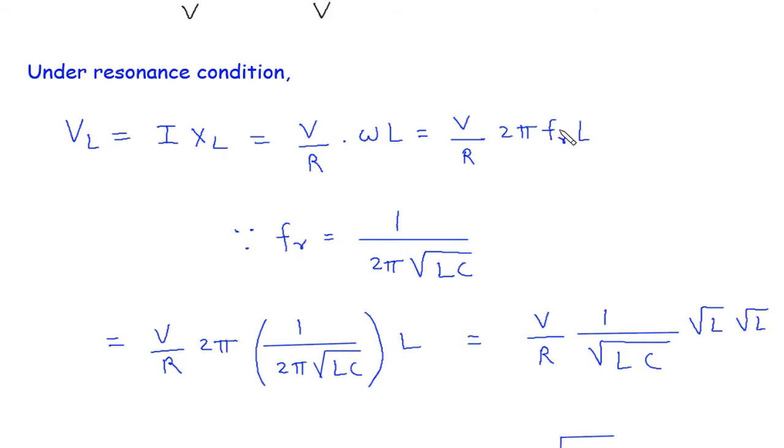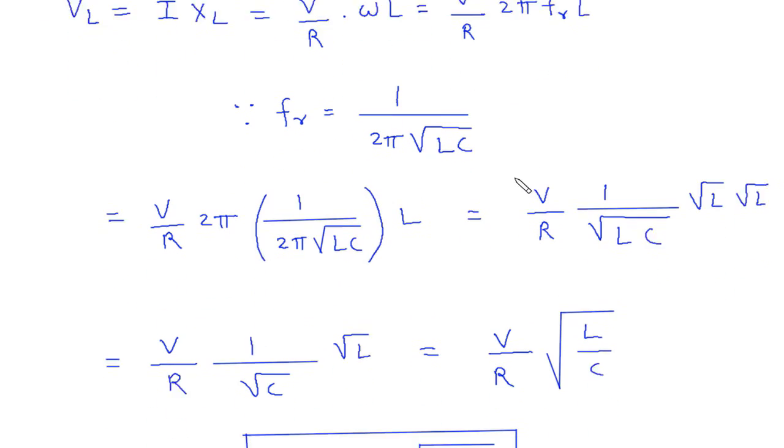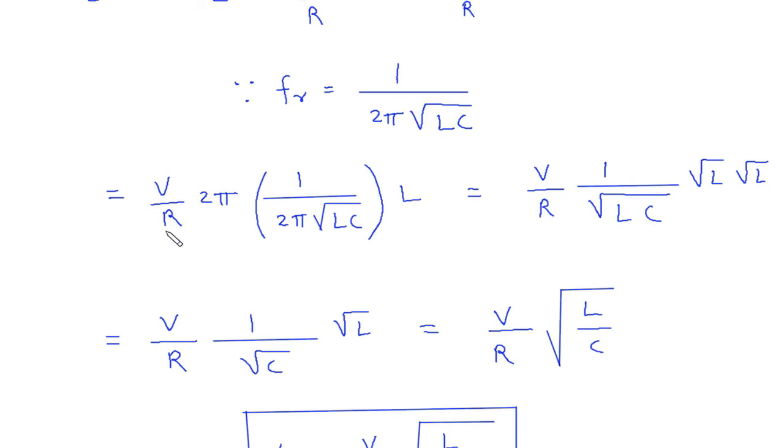Now we have the formula for the resonating frequency: Fr is equal to 1 upon 2 pi under root LC. So we will substitute this value of Fr here. So this will be V by R, 2 pi, 1 by 2 pi under root LC, into L. Now this 2 pi and 2 pi get cancelled. What remains is V by R into 1 upon under root LC.